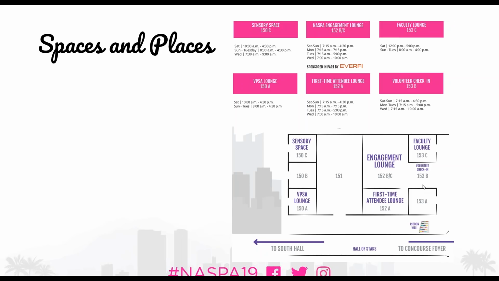There is a question around storing luggage. Unfortunately, we won't have a place to store luggage. There will be space in the engagement lounge. I will say, though, it won't be staffed. So I think, unfortunately, you'll have to navigate that on your own. I do believe, though, in the convention center towards the South Hall, there is a coat check / luggage check. So you would be able to drop that material off there.